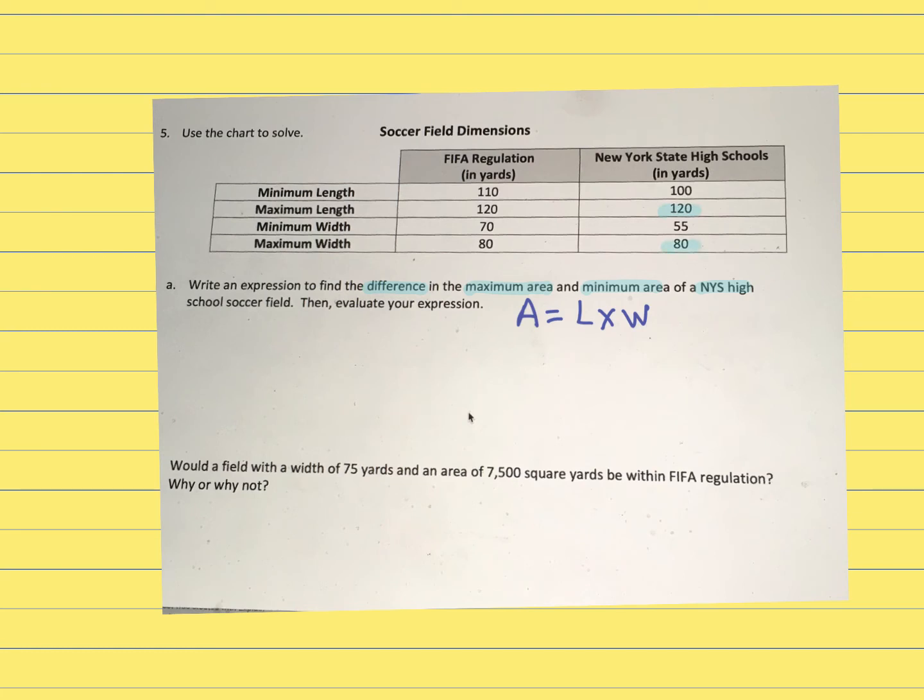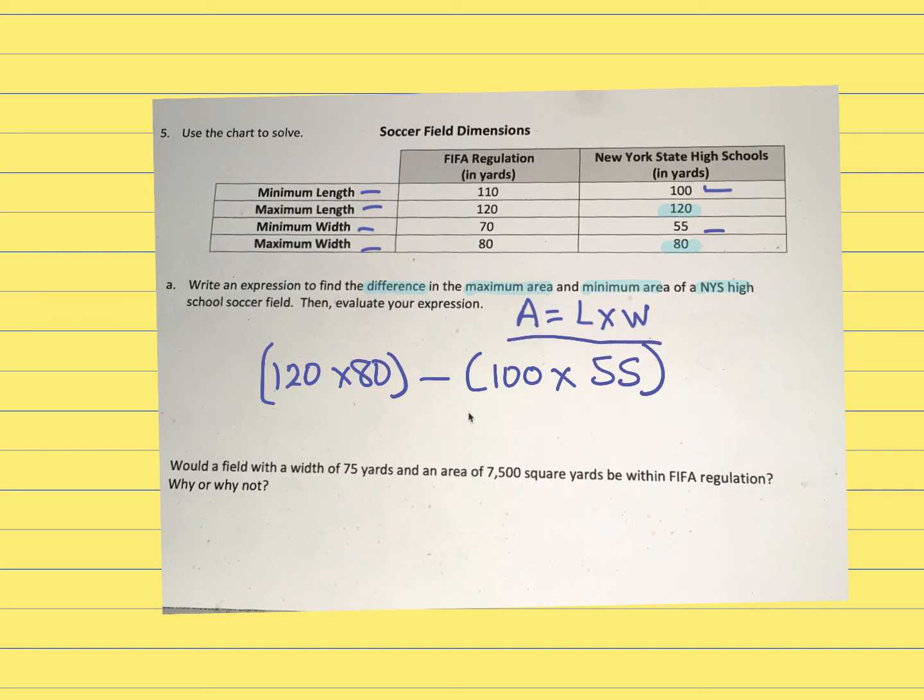So let's write that as an expression. And we're going to subtract the minimum area, which is going to be 100 times 55, because that is the minimum. We have to find the area by doing the length times the width. So that would be our expression for the soccer field.